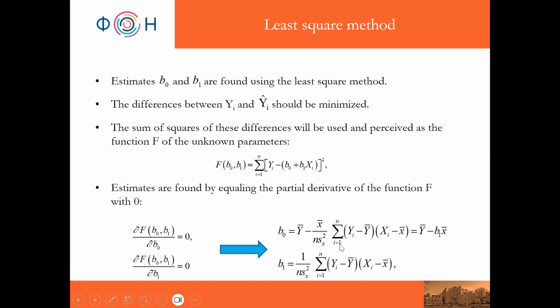If we look at the formulas, we can see that those are pretty simple statistics and simple things that you can quite easily calculate based on the data which we have gathered. So using the least squares method, we find our estimates B0 and B1.